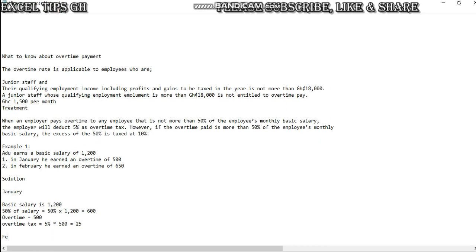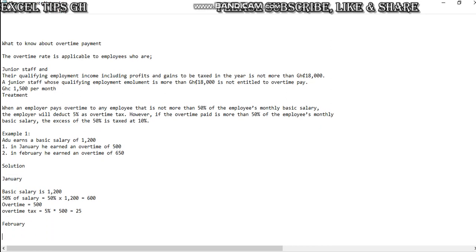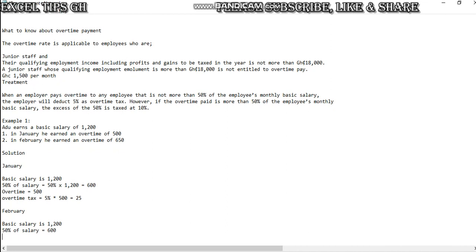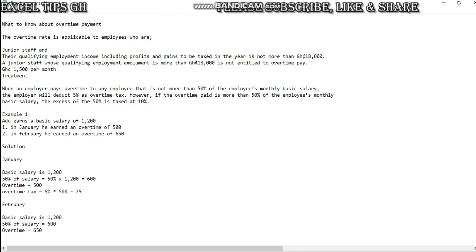Now in February, the basic salary is still 1,200, and 50% of salary is also equal to 600 as per the calculations over here. Now overtime in February is 650, which exceeds the 50% of the basic salary.